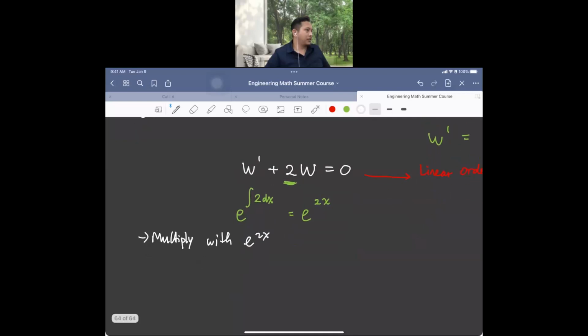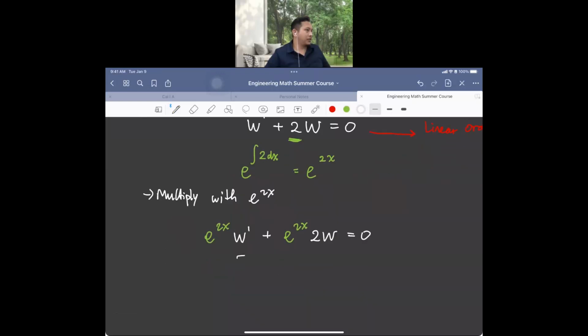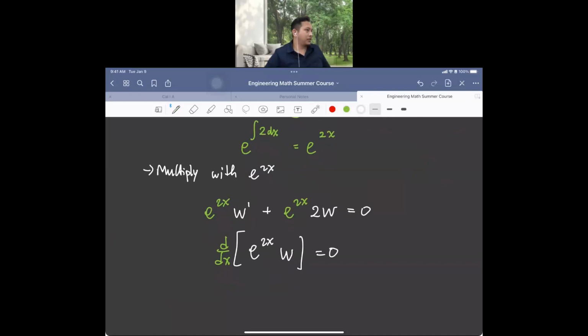So we multiply with e^(2x), and take the product form. I think this is the product form. Yeah, right. Okay.